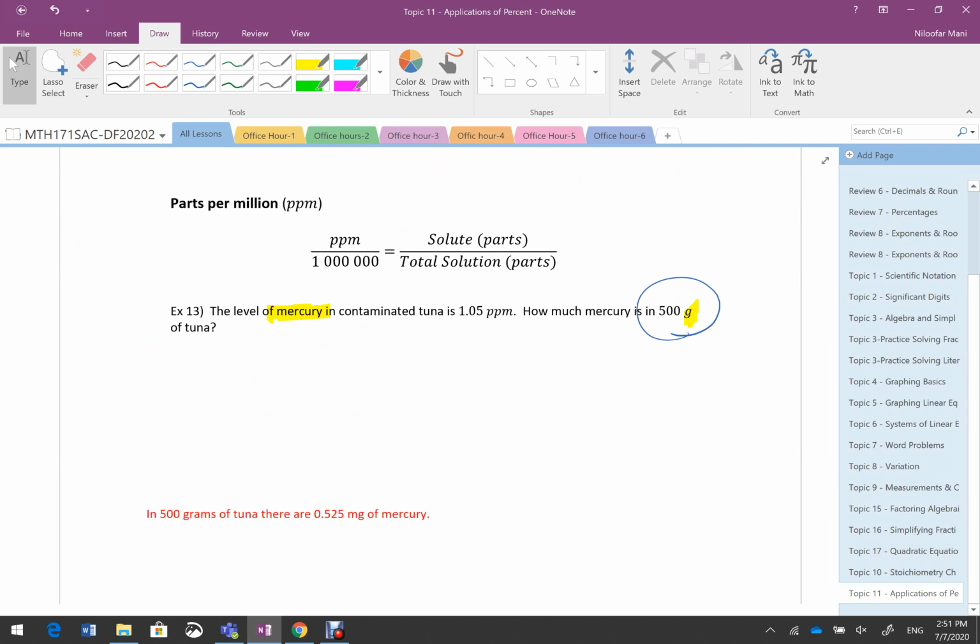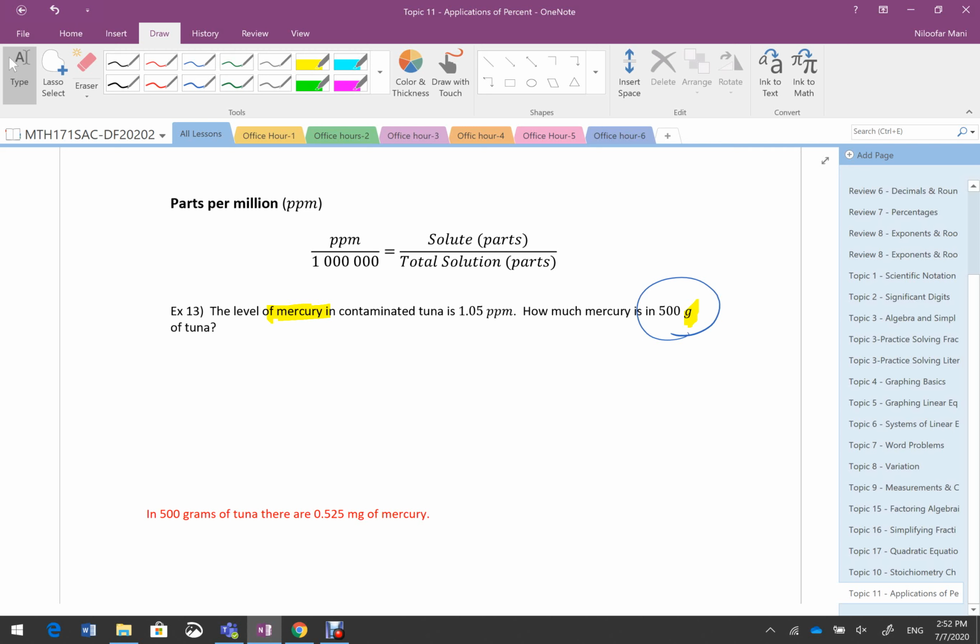For something like, for example, the level of mercury in tuna, it should be very small. So the concentration should be very, very small, because if you have more mercury, it's not healthy. Okay, so in these questions, I can talk about part per million.